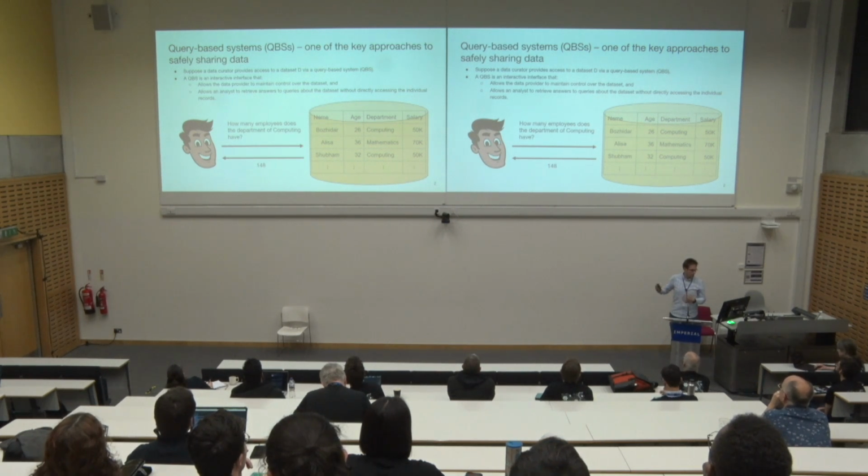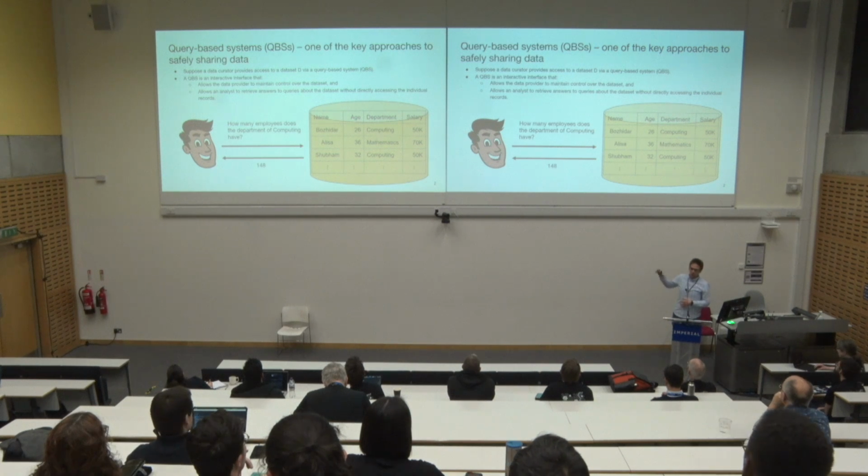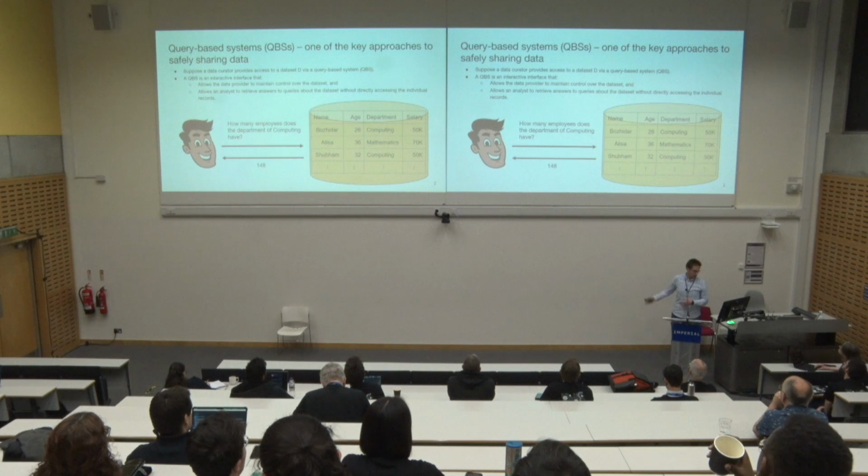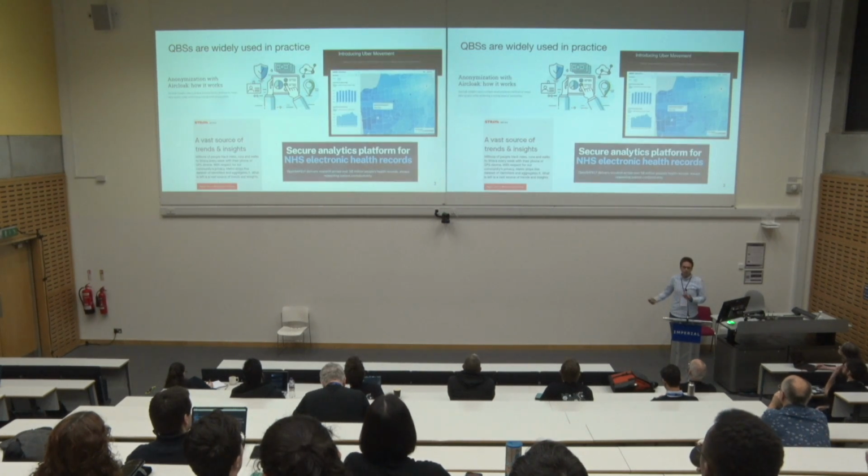For example, an analyst can ask how many employees are at the Department of Computing, and they will receive an answer of, say, 148. So query-based systems have been widely used in practice.